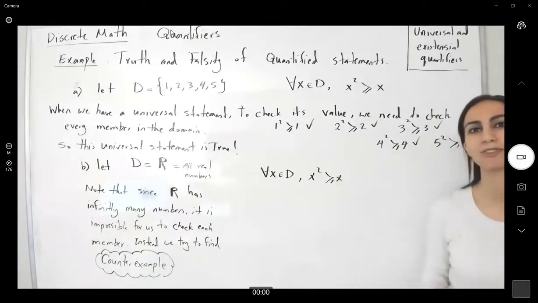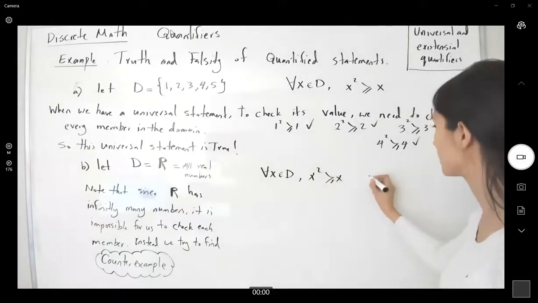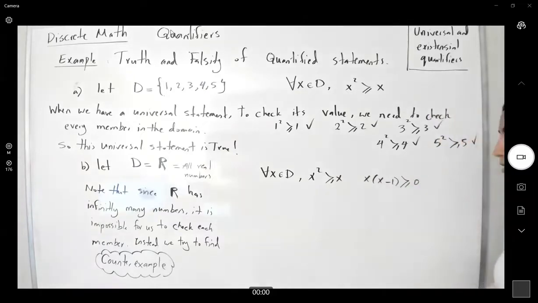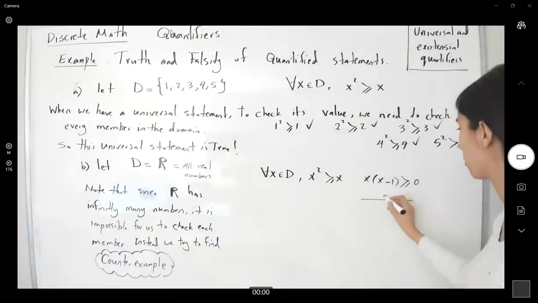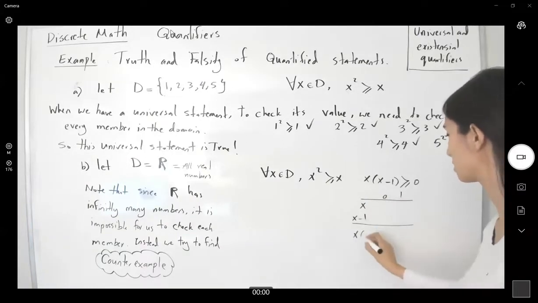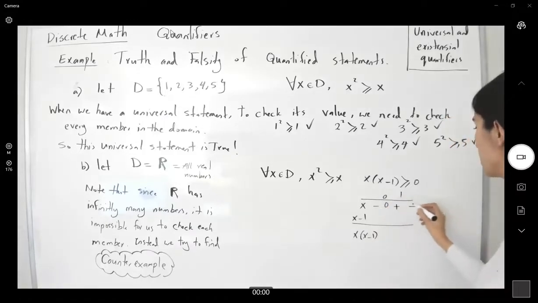So let's get back to algebra. How do we graph this? It says x times (x minus 1) must be greater than or equal to 0. So if you form the table, x, x minus 1, and then x times (x minus 1): here it is 0, negative, positive. Here it is 0, negative, negative, positive.